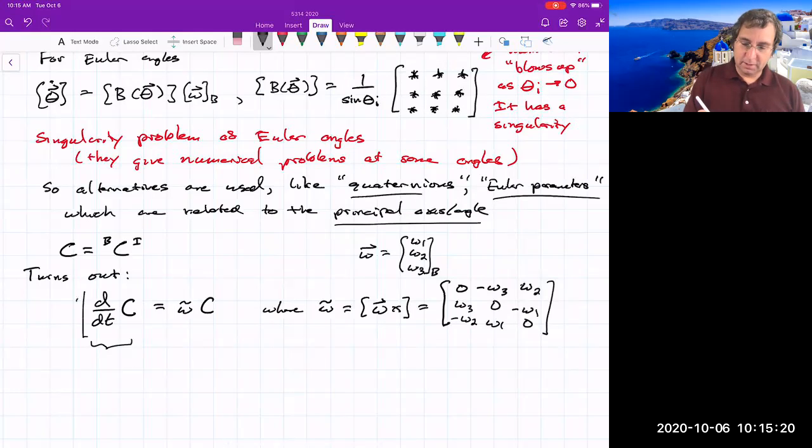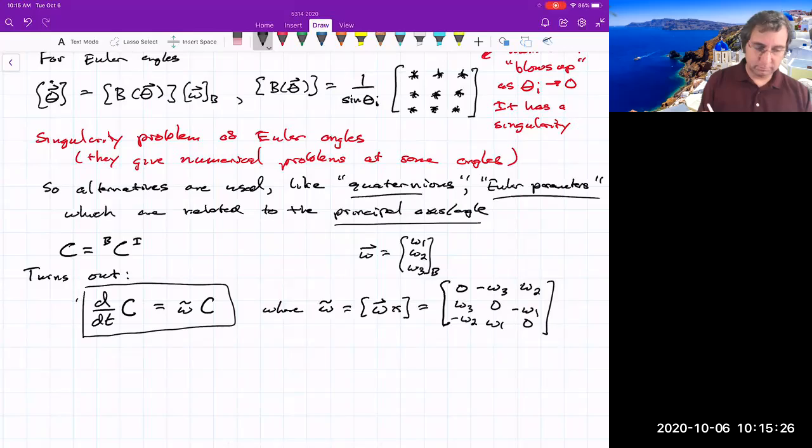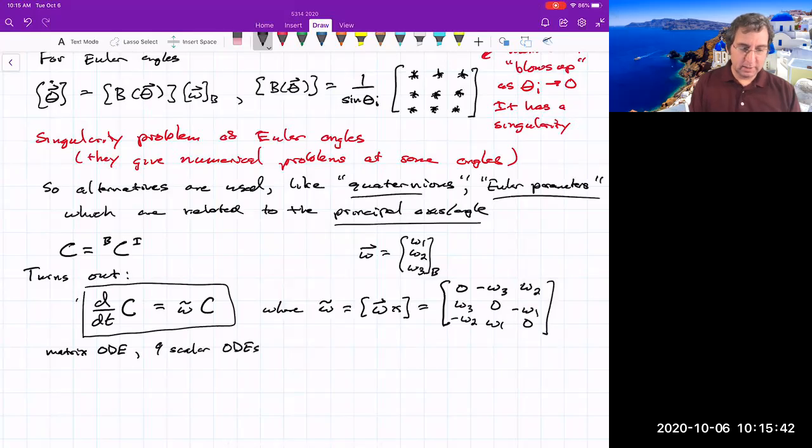So we have this equation. This is a matrix ODE, which means it's actually 9 scalar ordinary differential equations. And it doesn't have any problems. It's not going to give you singularities. So that's the advantage of it.